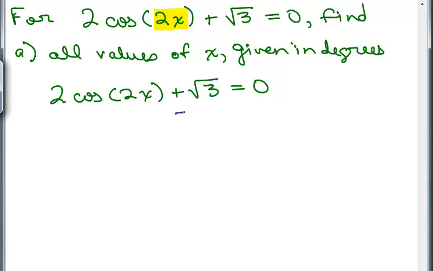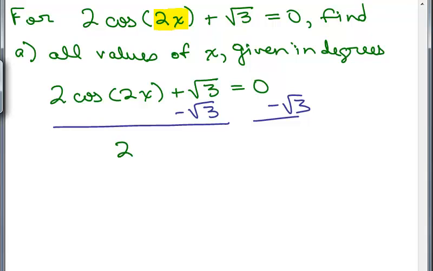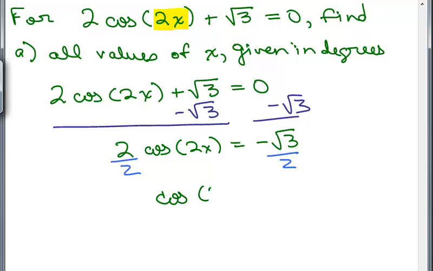So we're going to subtract square root of 3 from both sides, giving us 2 cosine of 2x equals negative square root of 3. And then we'll divide both sides by 2 so that we have the cosine of 2x equals negative square root of 3 over 2.